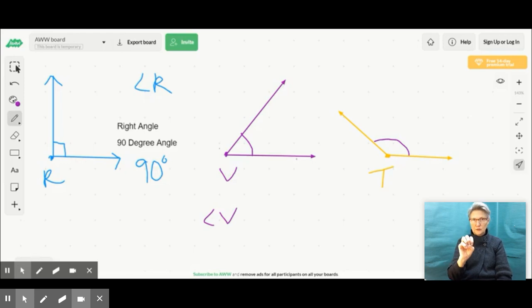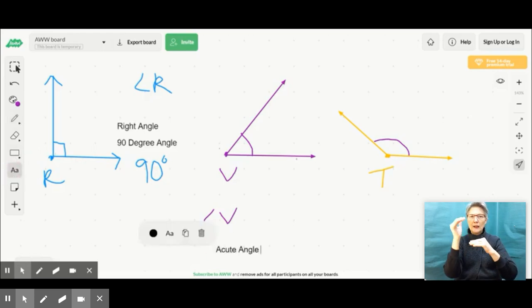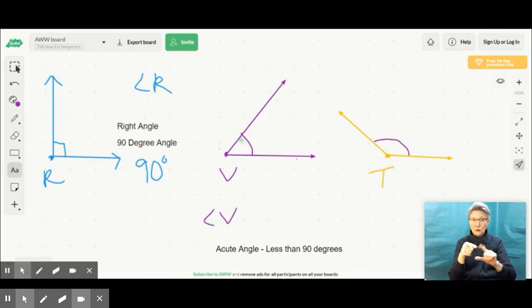And I remember it by thinking it's acute, it's smaller than 90 degrees. So maybe that will help you remember as well. So I'm going to type this here. So an acute angle is an angle that has a measurement less than 90 degrees. So this opening right here is less than this 90-degree angle over here.